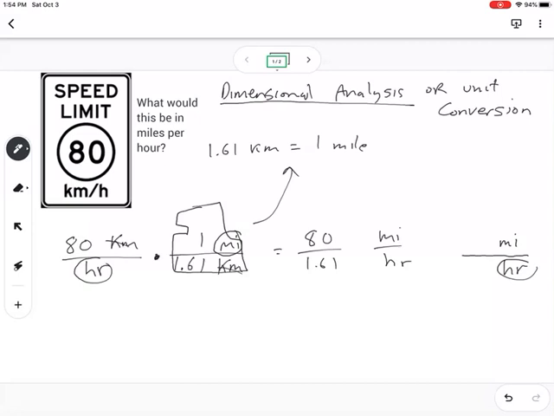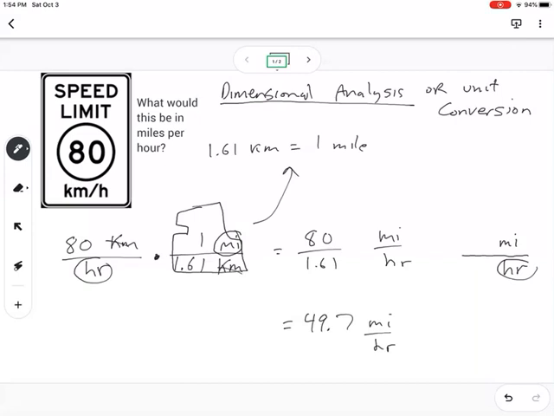So take out your calculator, which I have in my hand, and we go 80 divided by 1.61. And we get 49.7. That's okay to round. Miles per hour. So if you're driving along the highway and you see an 80 kilometer per hour sign, that equates to roughly 50 miles per hour.